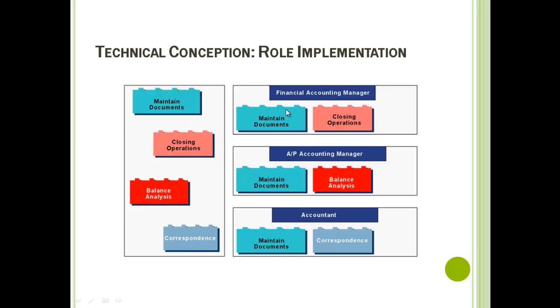From these single roles, we will create a job role, financial accounting manager. What are all the functions required by this particular job role? Then we assign only those single roles here. Then for AP accounting manager, account payable accounting manager, you assign these specific single roles.